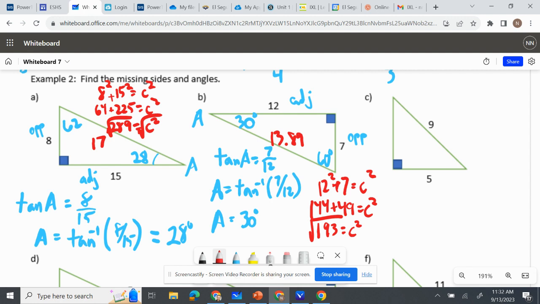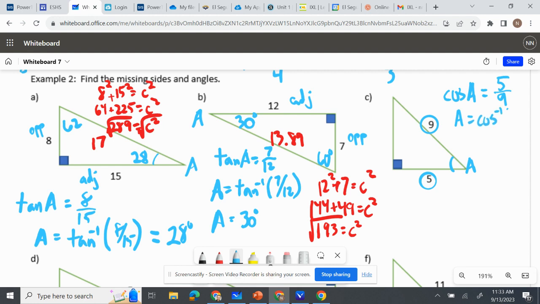For the third one, same process. First thing that I'm going to do is I'm going to find the angle. I'm going to call this one A. And so what I have is my adjacent side and my hypotenuse. Adjacent and hypotenuse is cosine. So I have cosine of A is equal to 5 over 9. I'm going to do the inverse cosine in order to find it.